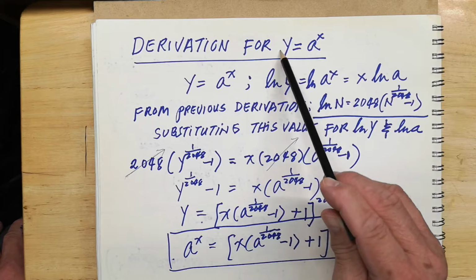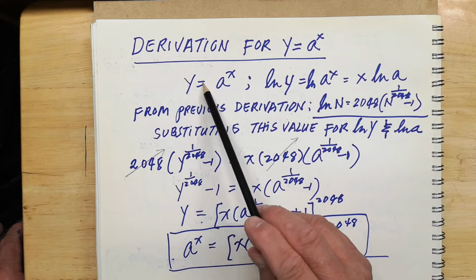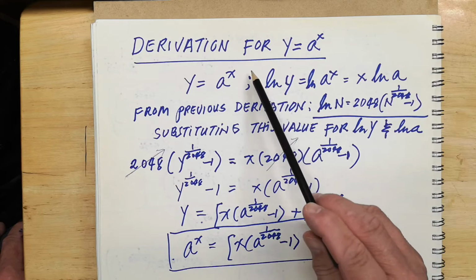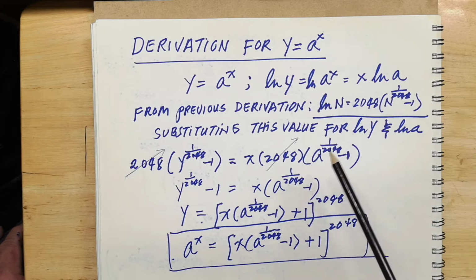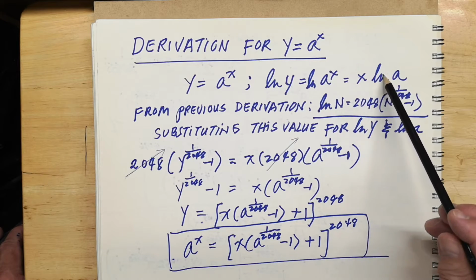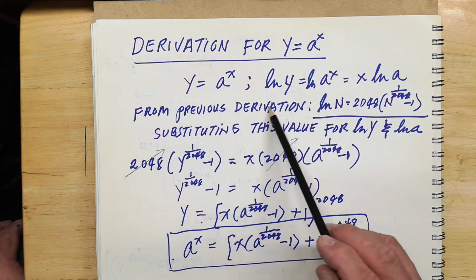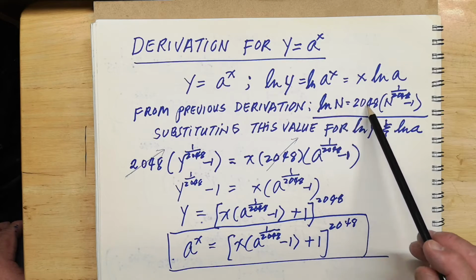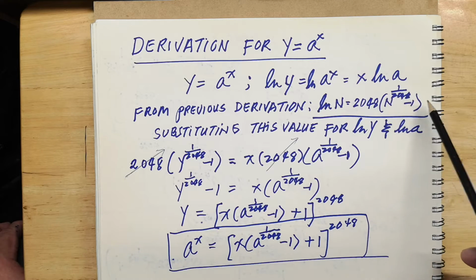Derivation for y is equal to a to the x. So y is equal to a to the x. Therefore, ln of y equals ln of a to the x, which is equal to x ln of a. So from previous derivation, ln of n equals 2048 times n raised to the 1 over 2048 minus 1.